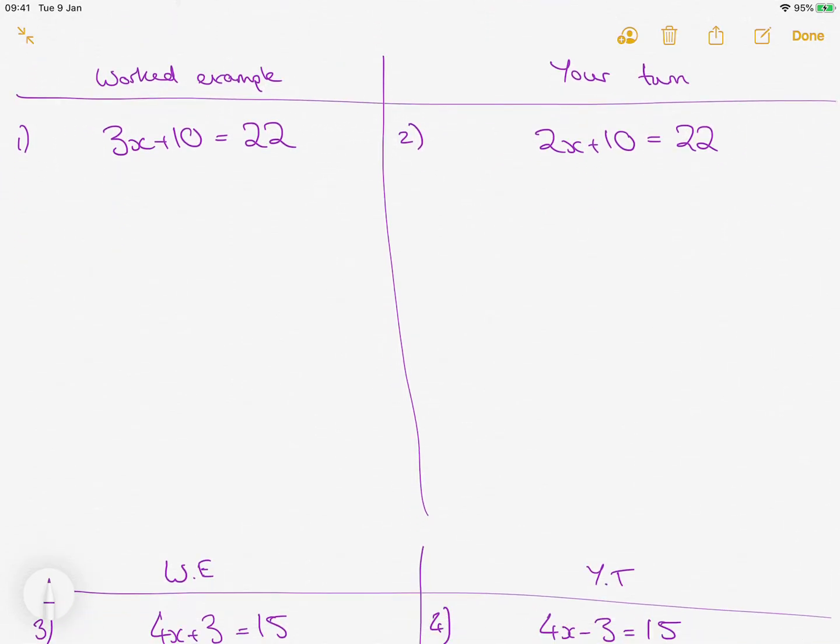So bar modelling for the first one, this first one on the left. I'll do it in silence, then I'll talk through it, and then you can have a go at the one on the right.